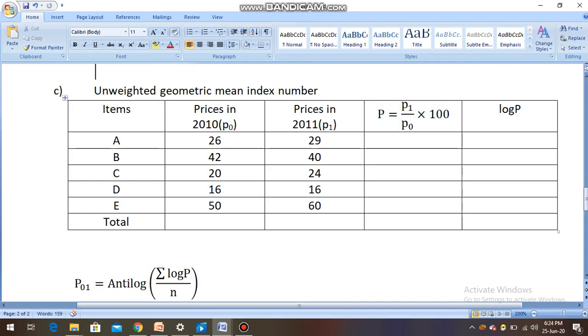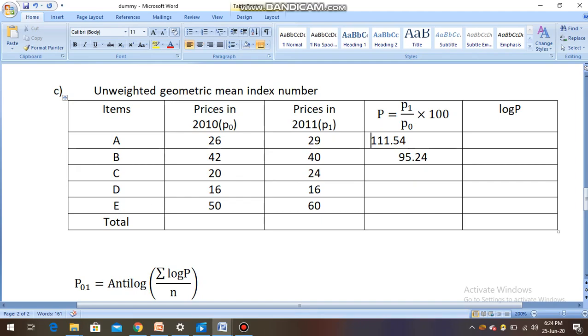Let us calculate P first. Can you do the calculation of P? Because I have already shown how to do the calculation of them. Yes, just try it. For the first item A, it is 29 by 26 into 100, which is 111.54. Then for the second item, it is 40 by 42 into 100, which is 95.24.